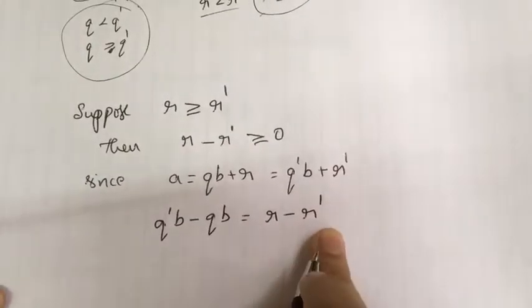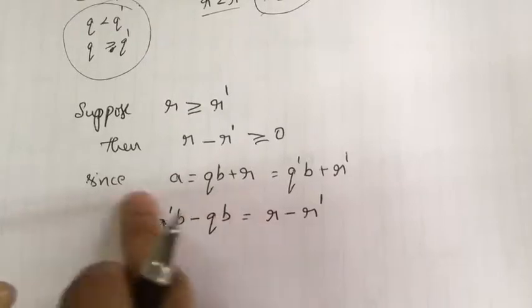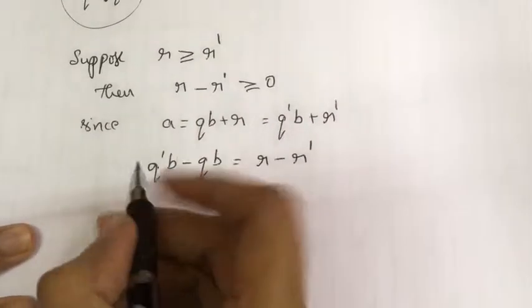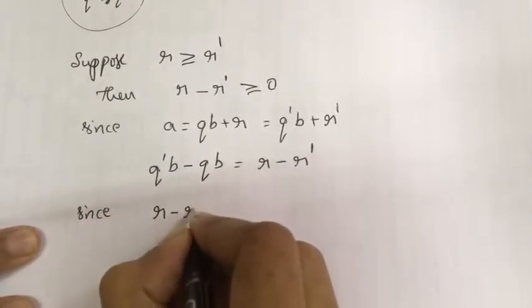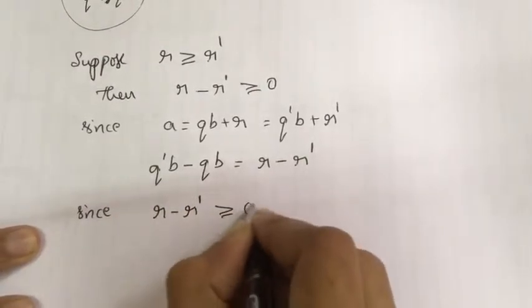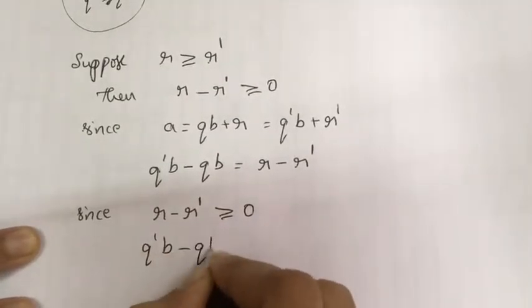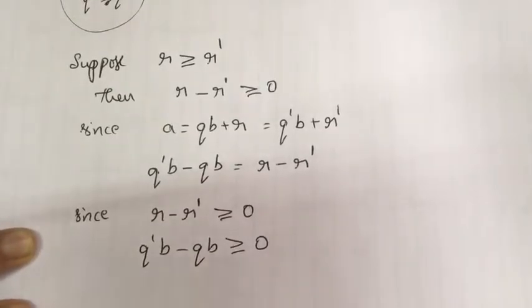But R minus R dash is greater than or equal to 0. Therefore, this Q dash B minus QB is greater than or equal to 0.